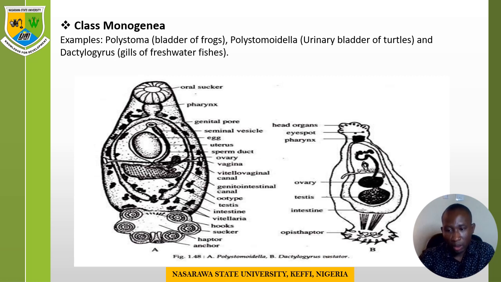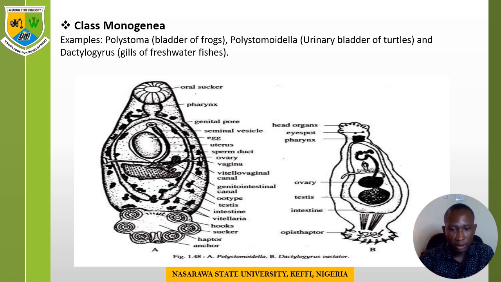This is a typical example of Polystomoidella, with a round oral sucker. We have the pharynx, the genital pore, the vesicle, the egg, the uterus, the sperm duct, and a whole lot of other body parts.